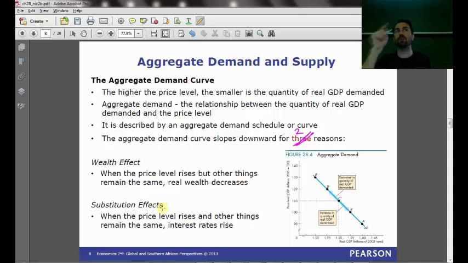Movement along the demand curve. Why is it a movement along? Because that decrease in investment was because of a change in prices. You with me? We changed the prices, that changed the interest rates, that change in interest rates changed investment spending. So we spend less because the price changes. That's a movement along the curve.